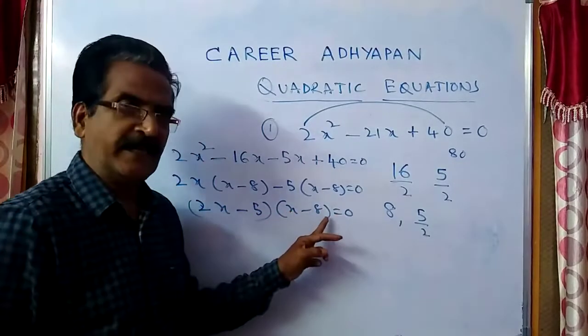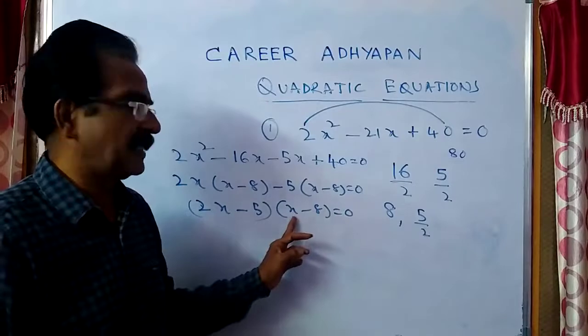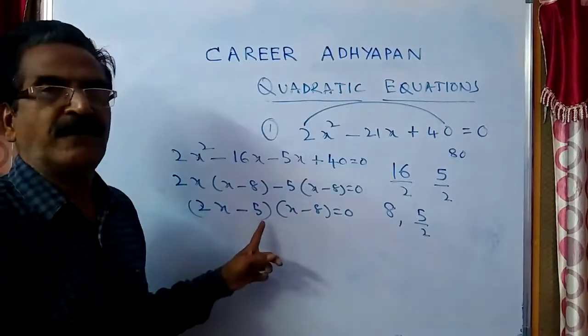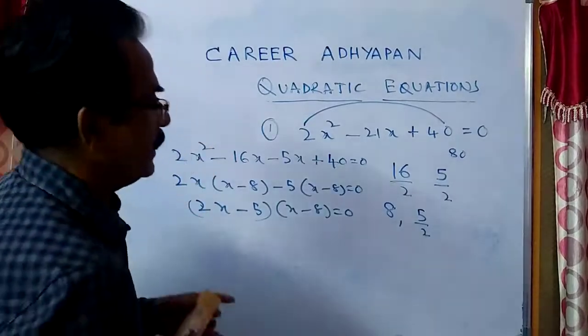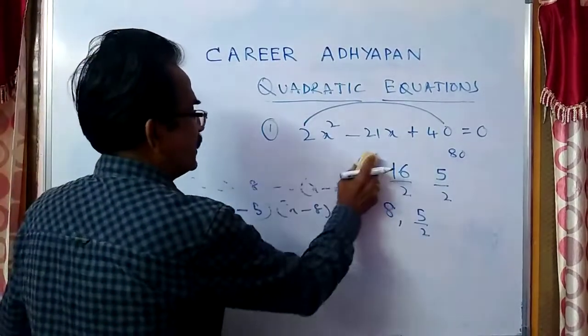So x minus 8 is equal to 0 implies x is equal to 8. 2x minus 5 is equal to 0 implies x is equal to 5 by 2. I have shown the traditional way also.